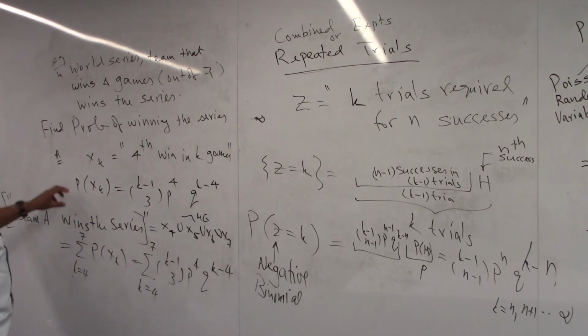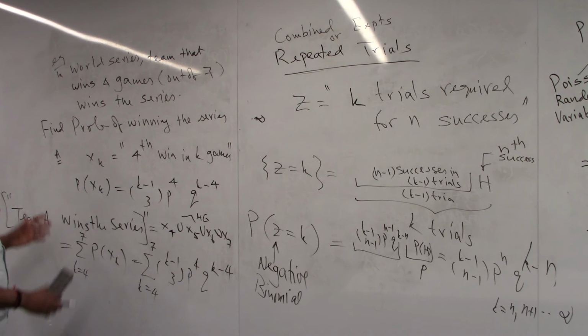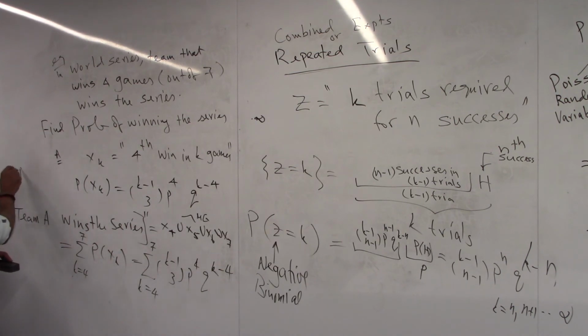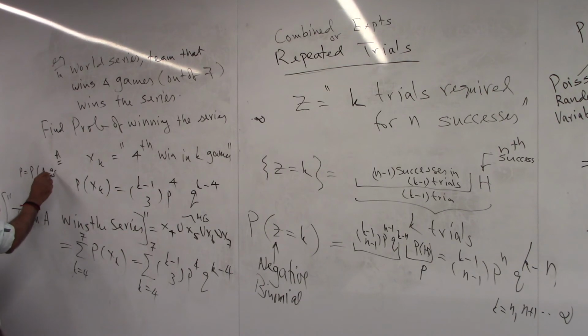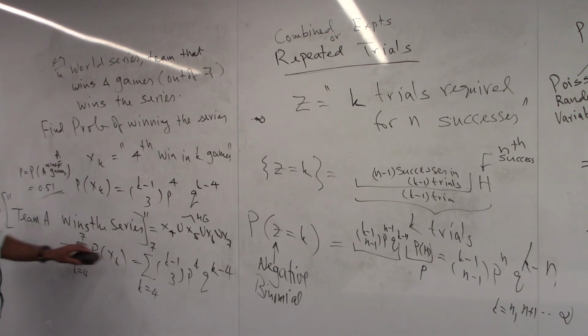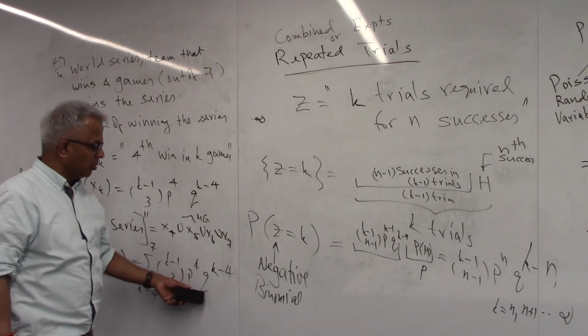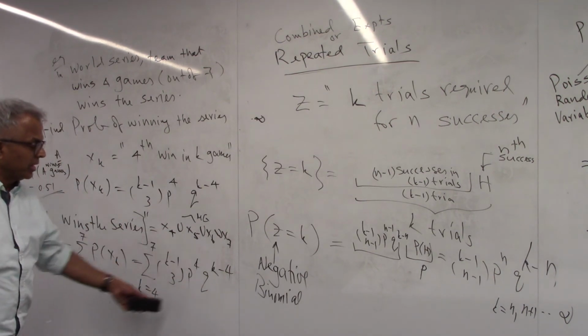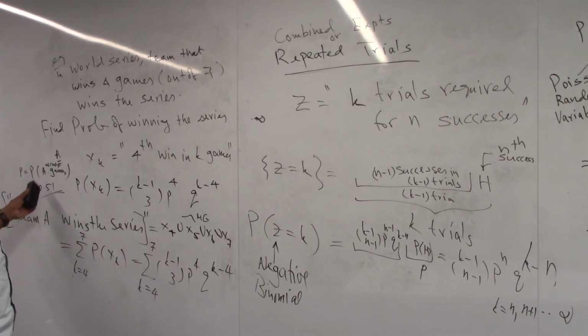Knowing the statistics of A, we may know that p, which is the probability of A winning any game, is something like, well, let's say 0.51. They have a slight advantage. So you plug in that number. Q is 1 minus p. Everything else is known.